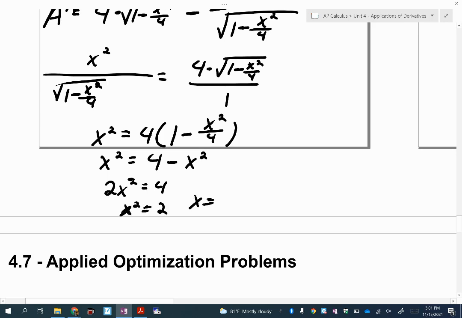So x is equal to plus or minus the square root of 2. Now, remember the interval here. I don't want to do the negative version because my values for x are between 0 and 2. So my critical point is the square root of 2.